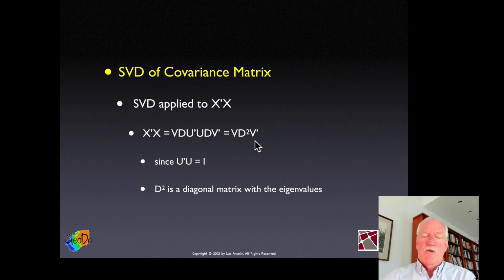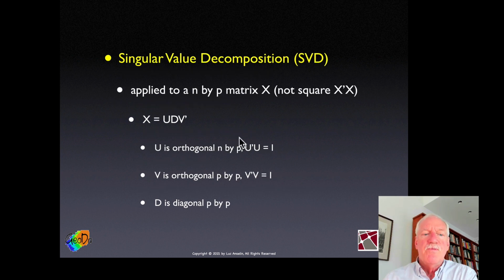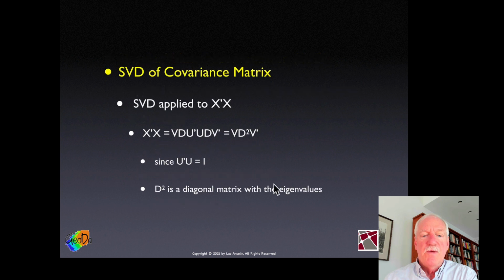So for the original spectral decomposition, we need to compute the eigenvalues and the eigenvectors, which has some numerical issues. If we do a singular value decomposition of X, this gets us U, D, and V. We actually don't need U. We just need D square, actually, and V.